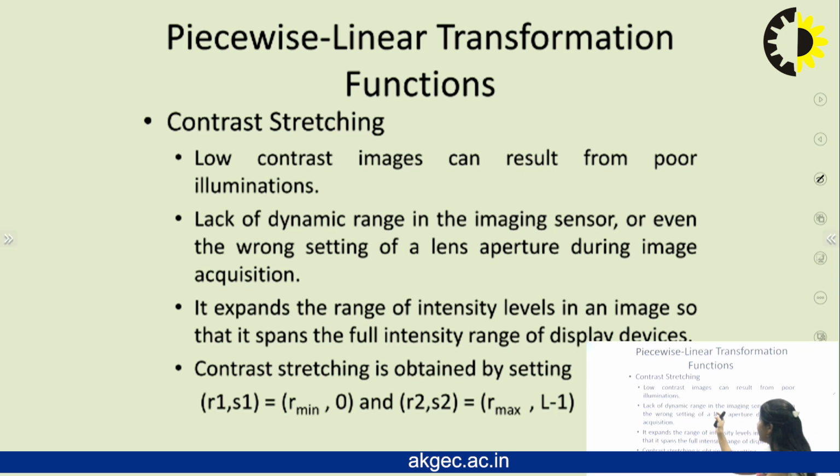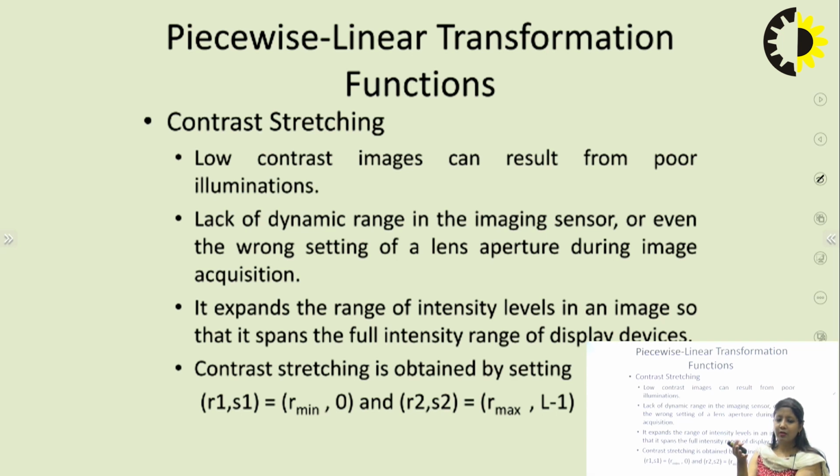Another cause is a lack of dynamic range in the imaging sensor, means when we capture an image with the help of sensors, the span of the sensor is very low, so we will get a low contrast image at that section. So dynamic range is low, or illumination is low, or even the wrong setting of lens aperture during image acquisition. These are the reasons why we get a low contrast image.